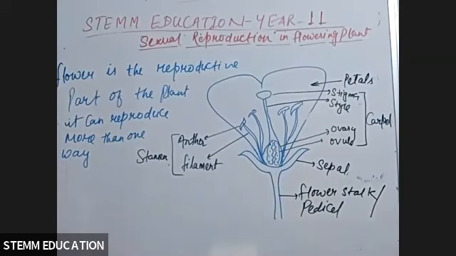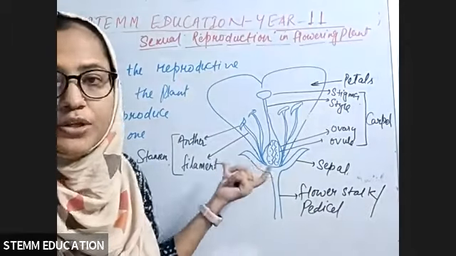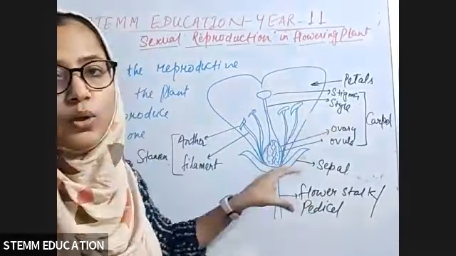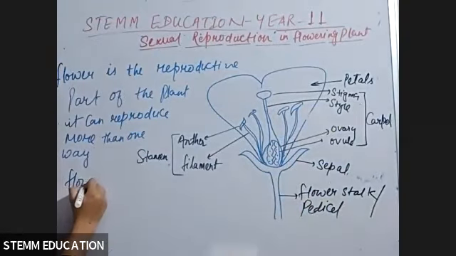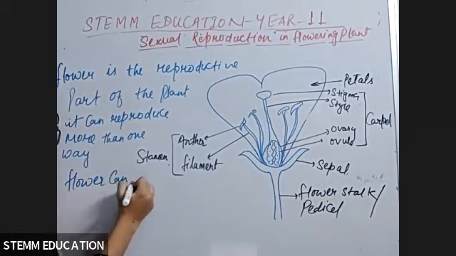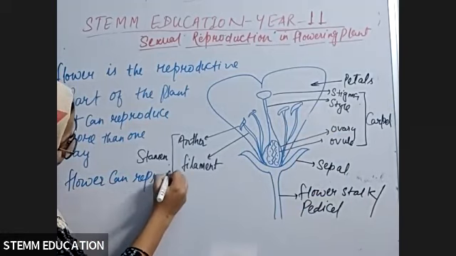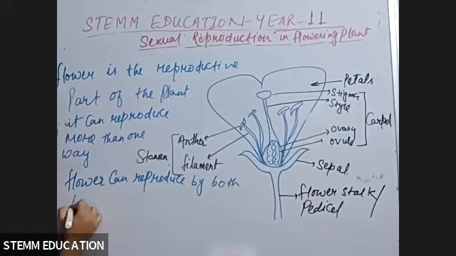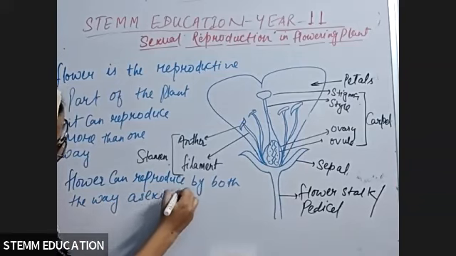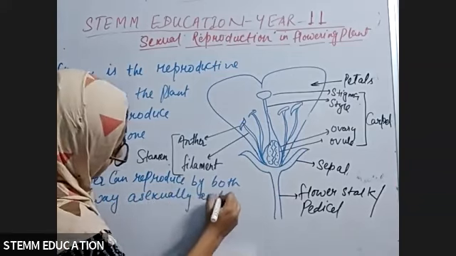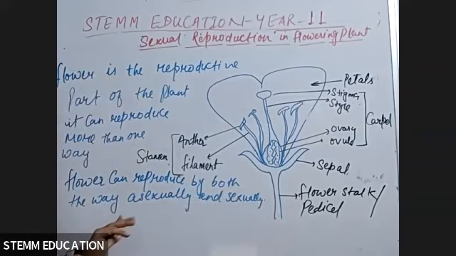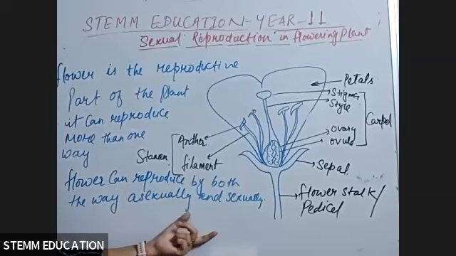And you know what? A flower can reproduce by asexual as well as sexual methods, by both ways.